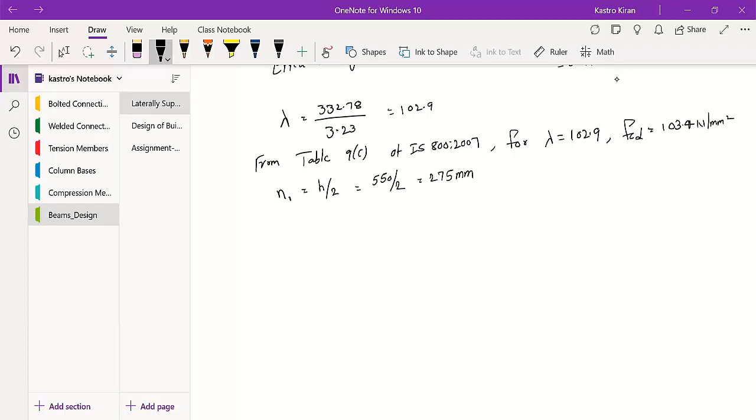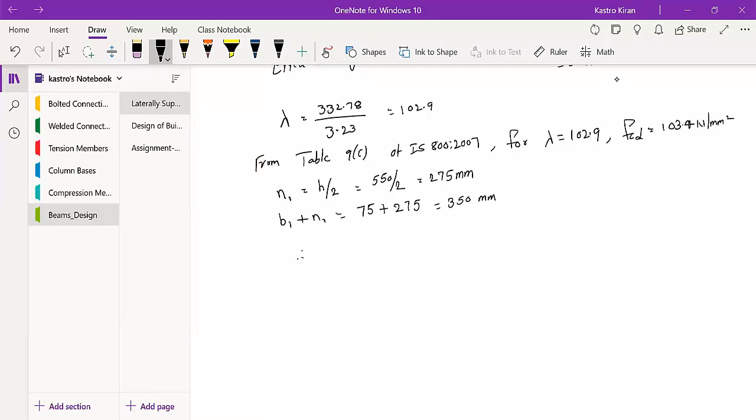Remember, the N1 value and B1 value in the check for web buckling get changed. Don't take the same values you assumed there. The summation of B1 plus N1 has to be solved, where B1 is 75 and N1 is 275, so it will be 350 mm.